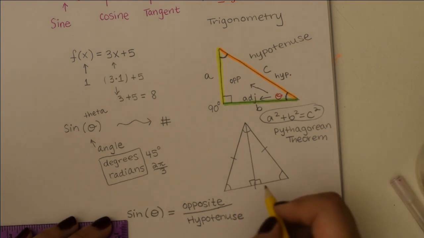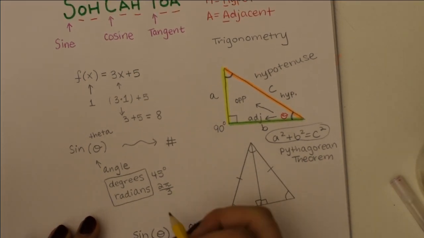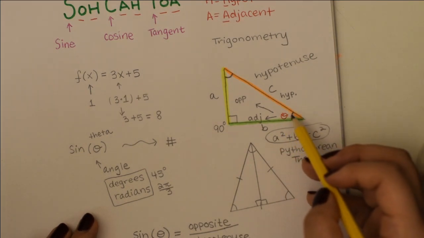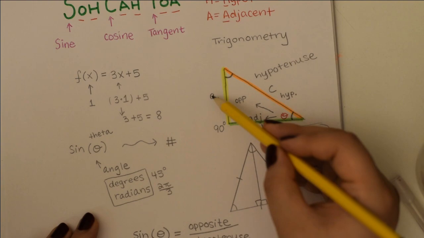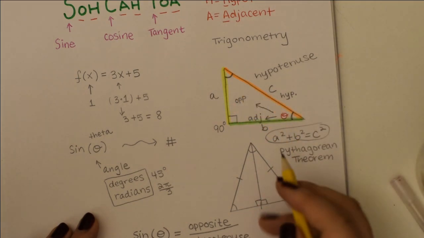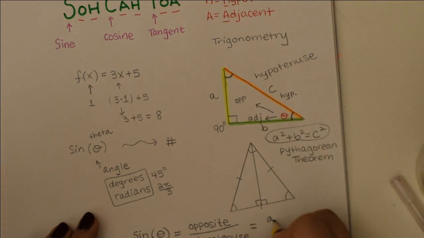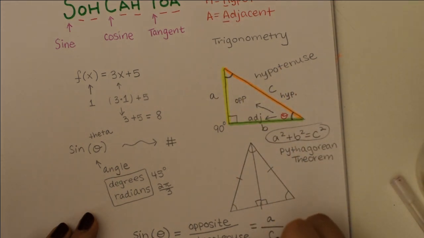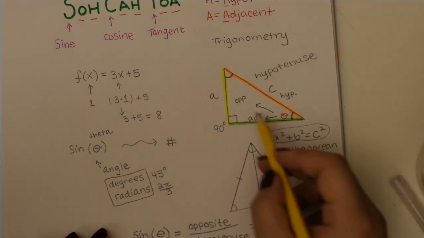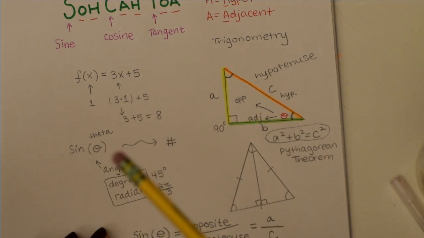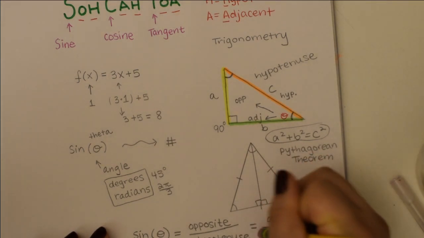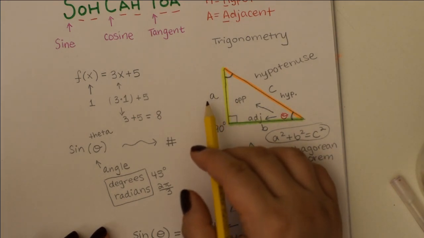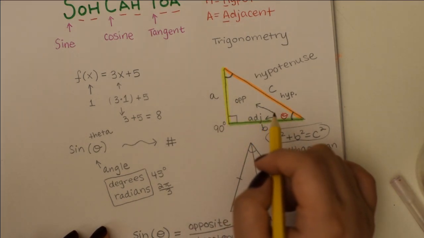So that means that for this angle theta, we take the length of the side that is opposite, which is A, over the hypotenuse, which is C. So sine theta here is A over C. Now remember, in a lot of problems, you will know or be able to calculate the lengths of these sides.